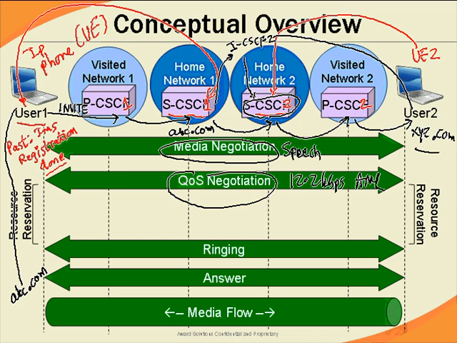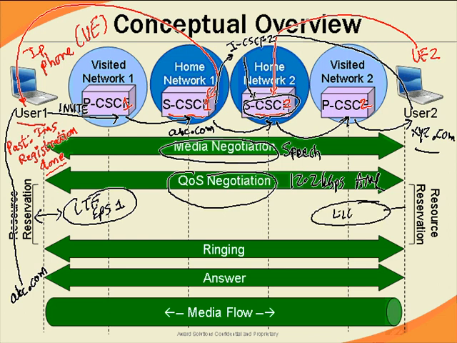Once both parties agree on one specific quality of service, then UE1 works with its own LTE network to reserve the resources to support that call, and UE2 works with its own LTE network to reserve the resources.